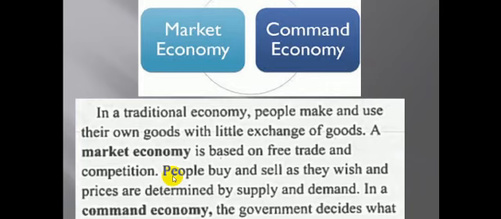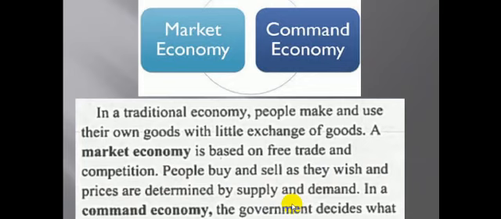But we will talk now first about market economy. It is based on free trade and competition. People buy and sell as they wish, and prices are determined by supply and demand. So in a market economy, the market makes all decisions for itself.